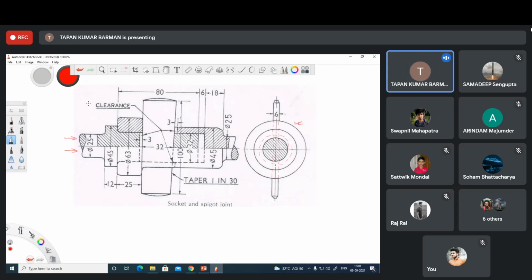Now if I say this is left hand side view, it is possible, sorry. One minute.